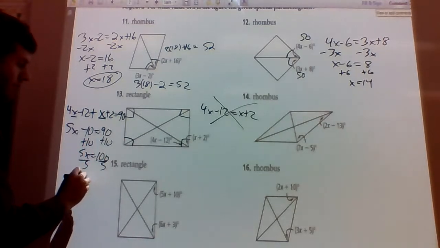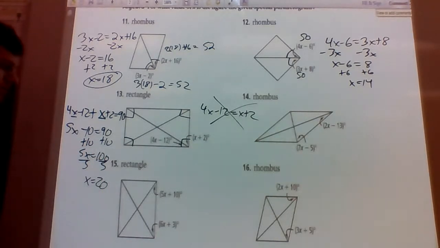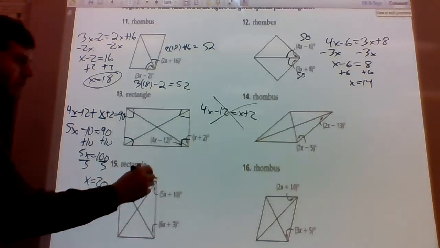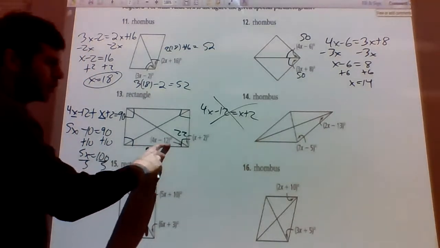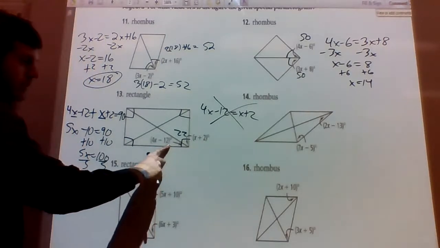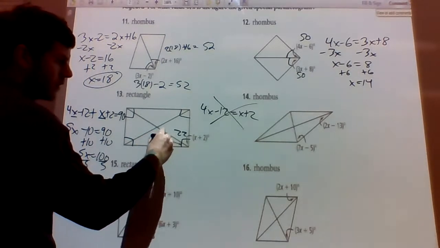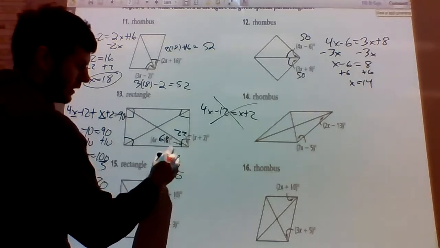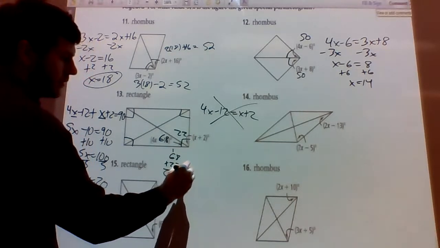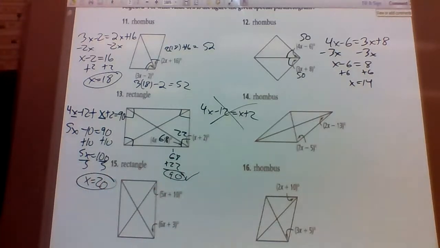Divide by 5, x is going to be 20. 20 plus 2 is 22. 4 times 20 is 80. 80 minus 12 is 68. 68 plus 22 is 90. So we're good. X is going to be 20.